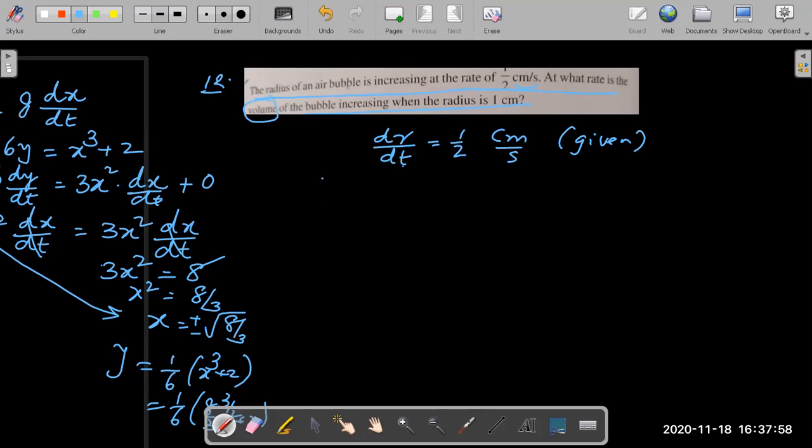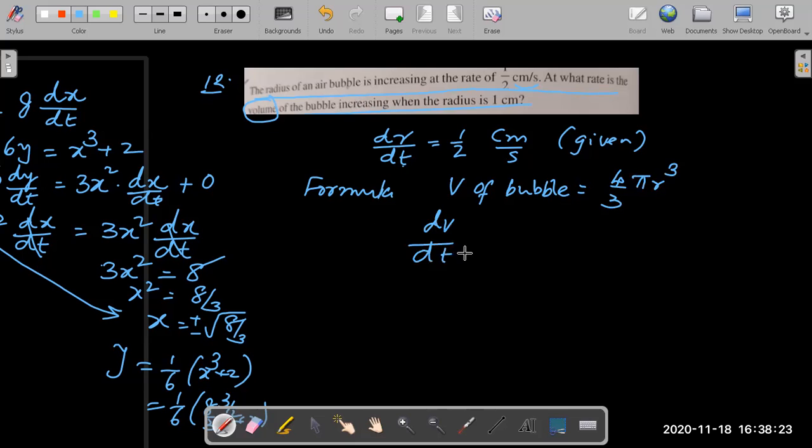So as I said, the formula for volume V of the bubble equals 4 by 3 pi r cube. Now it is increasing, at what rate? So we just have to find dv by dt.